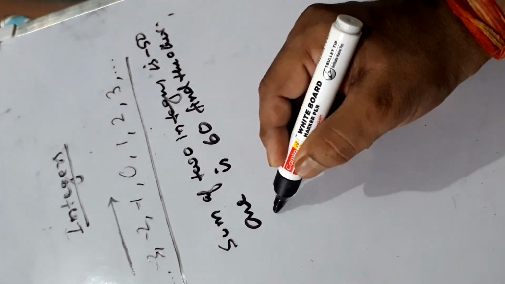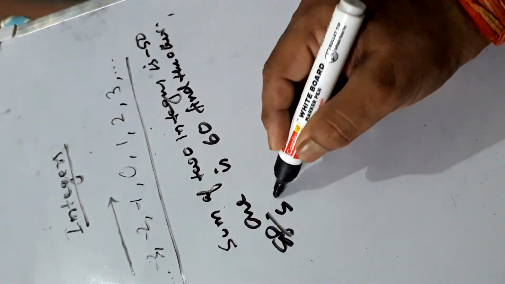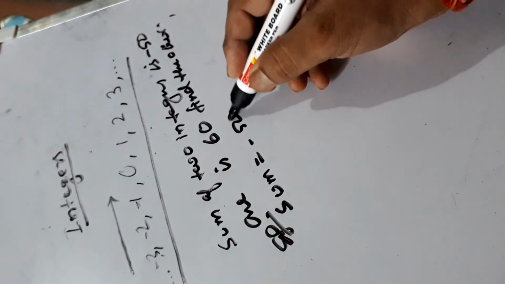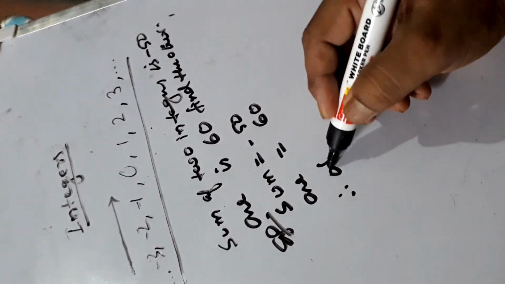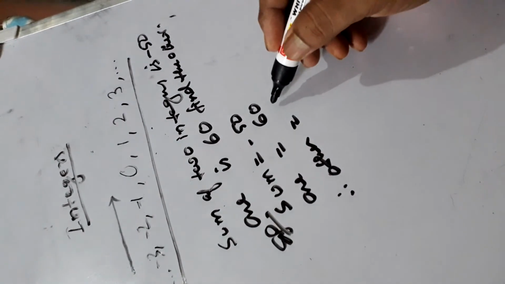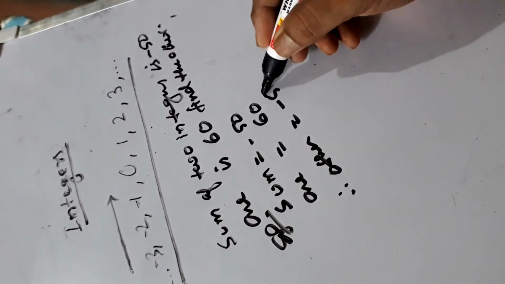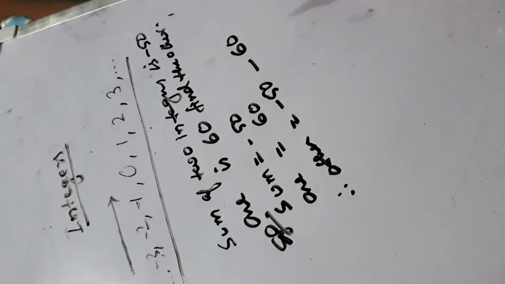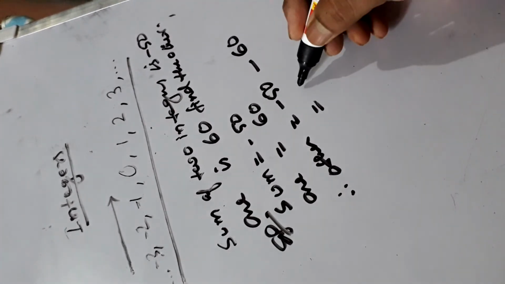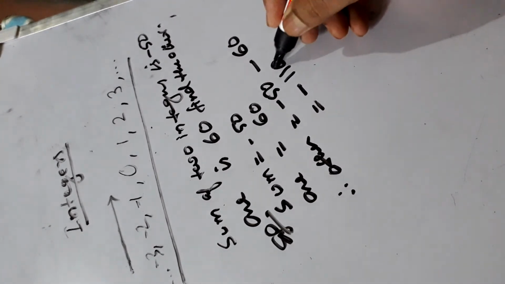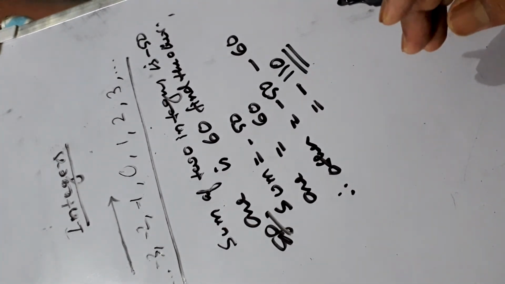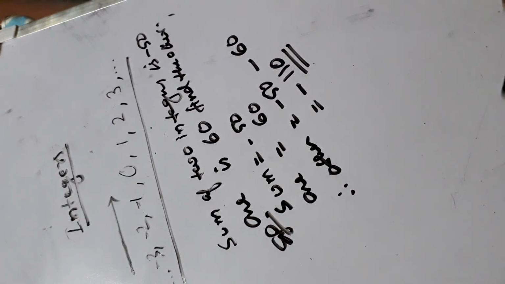Here the sum of two integers is -50, one integer is equal to 60, therefore the other will be the sum minus this, meaning -50 minus this 60. Now both are negative, we will put a minus sign here and add, we will get -110. In this way we can find, if it is given the sum of two integers is this and we have one number is this, find the other, we will solve like this.